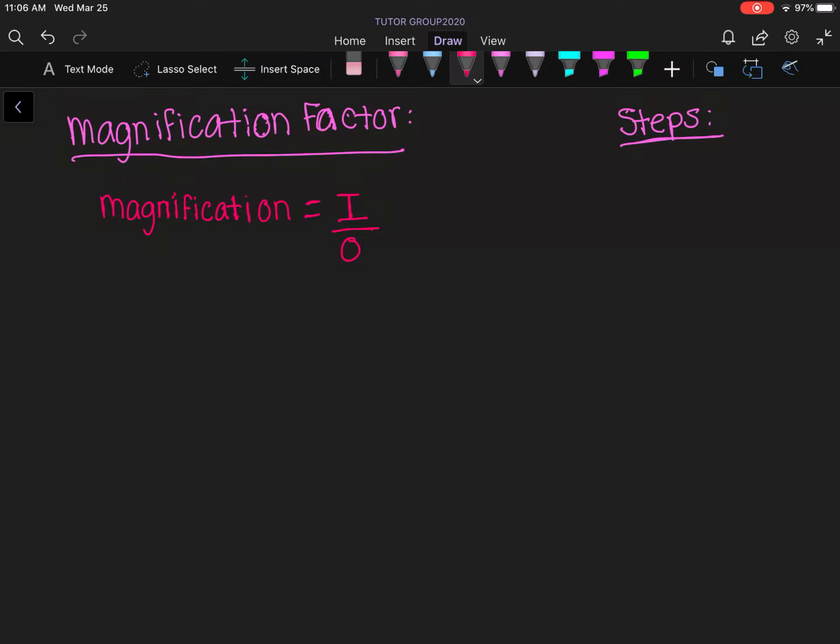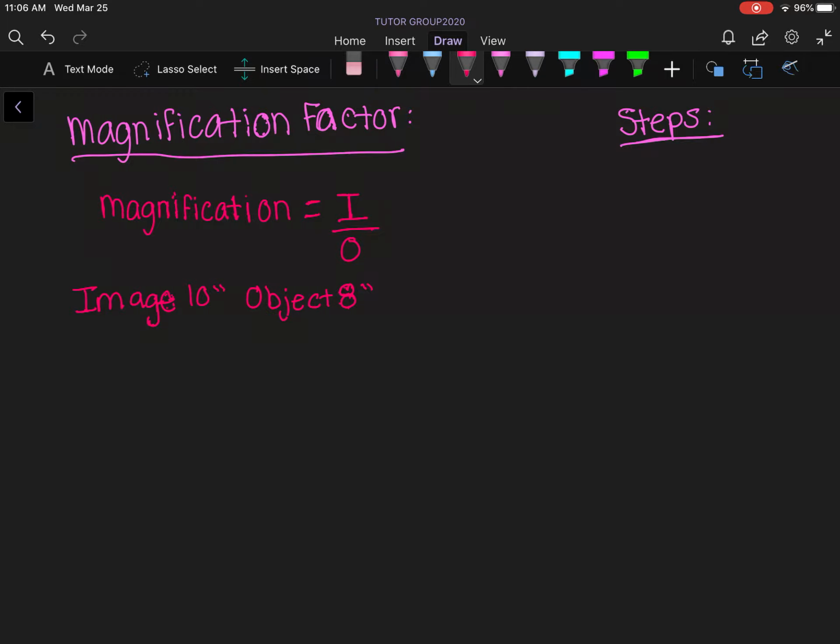In the problem, it gives us that our image is 10 inches and our object is 8 inches.